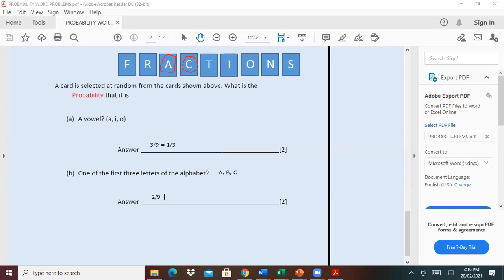It's 2 over 9. Okay, so that brings us to the end of this worksheet, but certainly not to the end of the practice for probability and the ongoing revision.